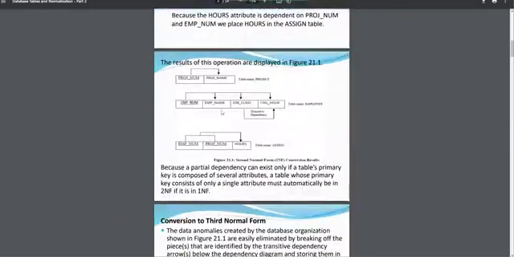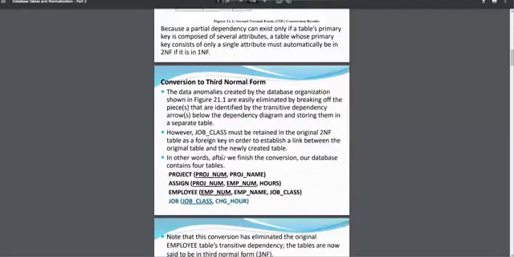In the previous example, when employee number and project number were mentioned as a composite key, the job class depended only on employee number, not both, but only the hours depend on both. Got that? So you can see there are no partial dependencies, and that's why we consider it to be in second normal form.